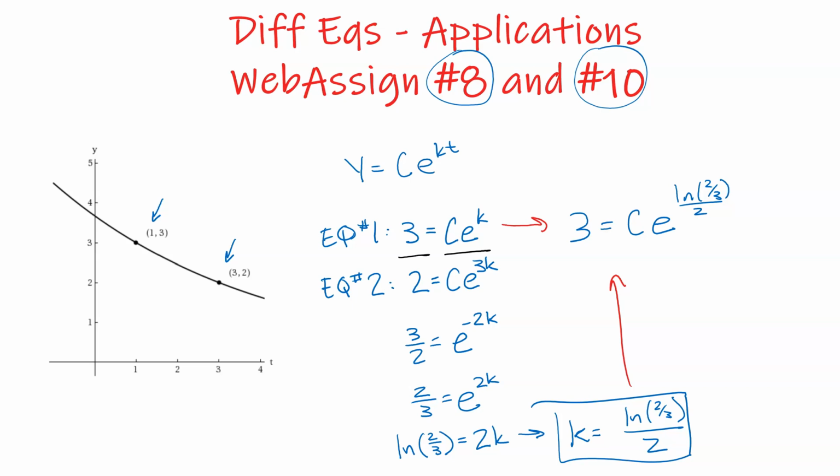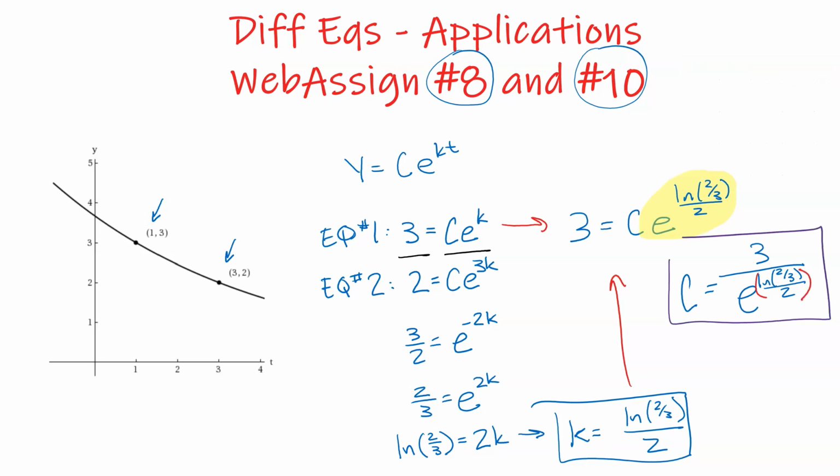All I have to do, this right here, that's a constant. So I can divide both sides by that quantity, and I get c equals 3 divided by e to the ln of 2/3 over 2. Make sure you know that that entire quantity is the exponent on e, and you're done.